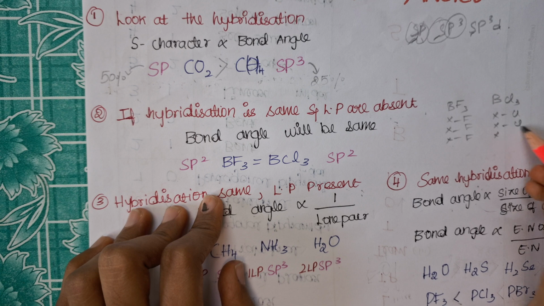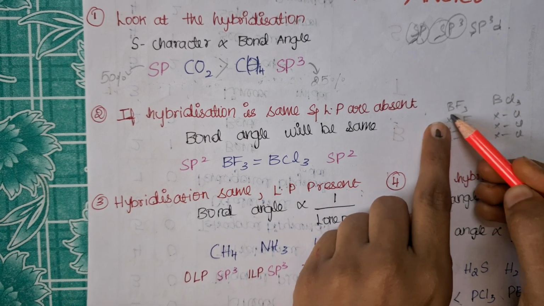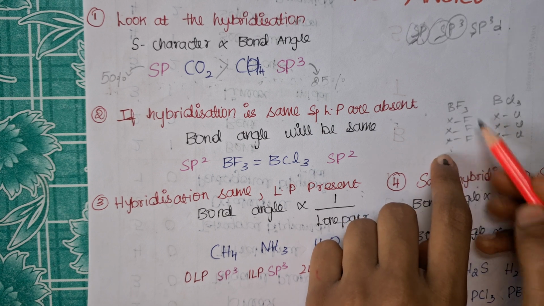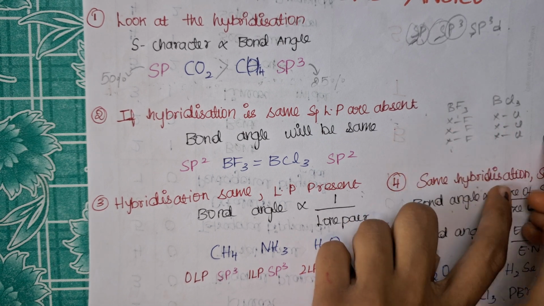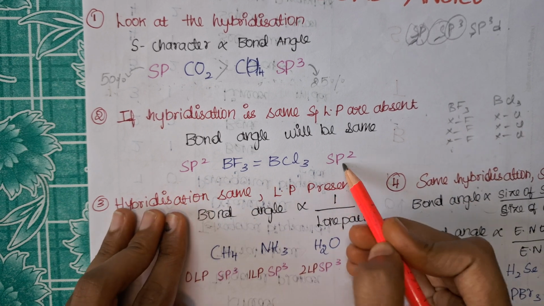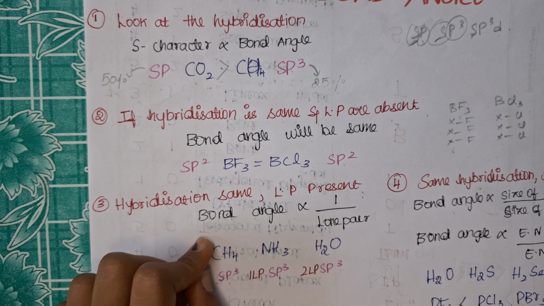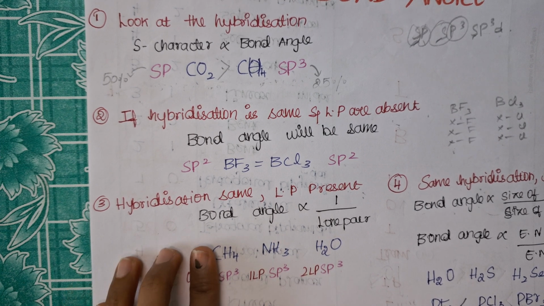There is no lone pair, and both belong to sp2 hybridization. If this is the case, then your bond angle will be the same. Nothing will be higher, nothing will be lesser.